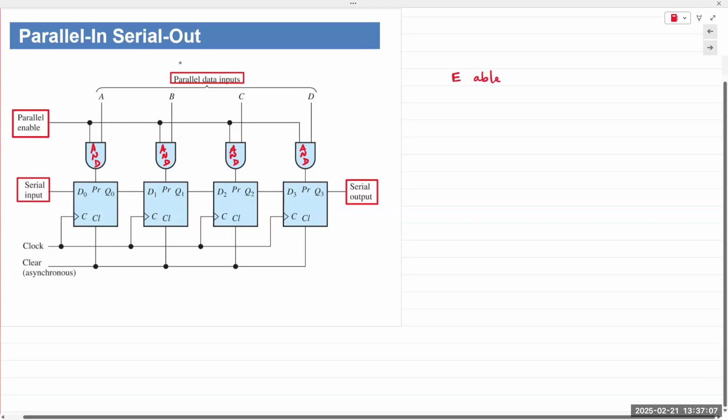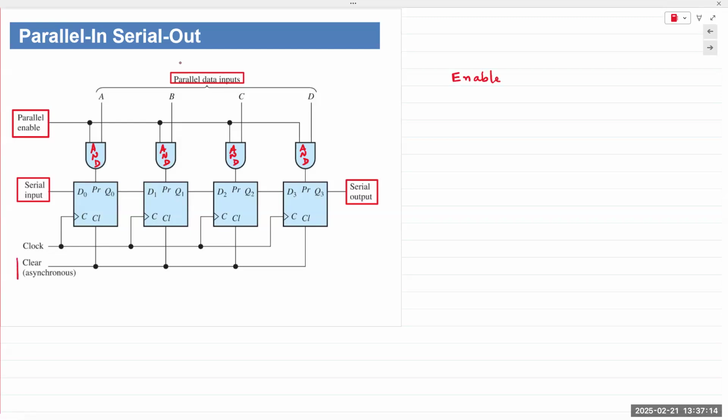Enable circuit. All right. Then at the bottom, we have clock. That's standard. And then clear is also standard.